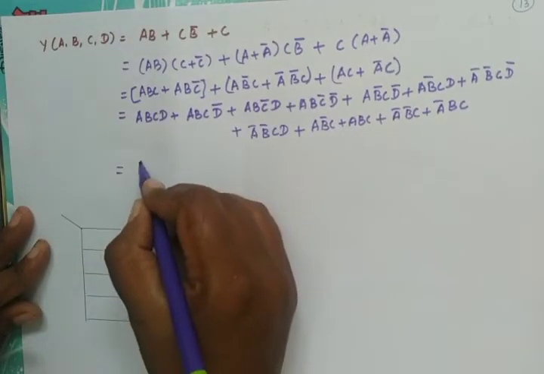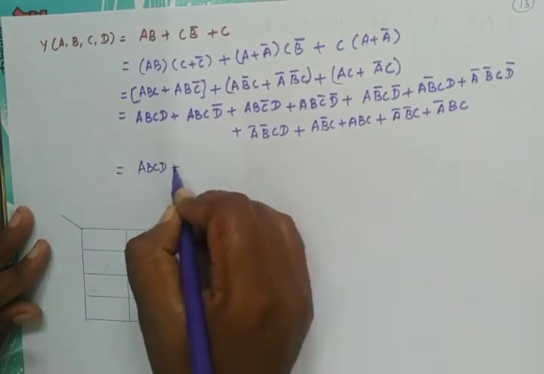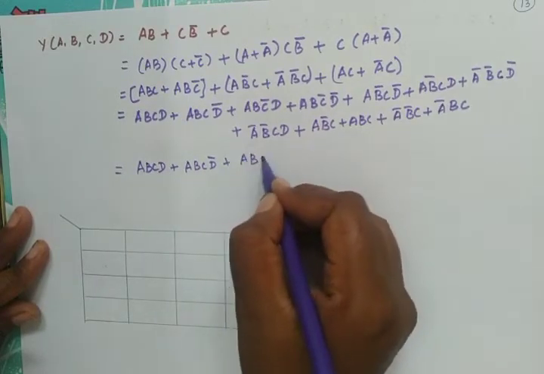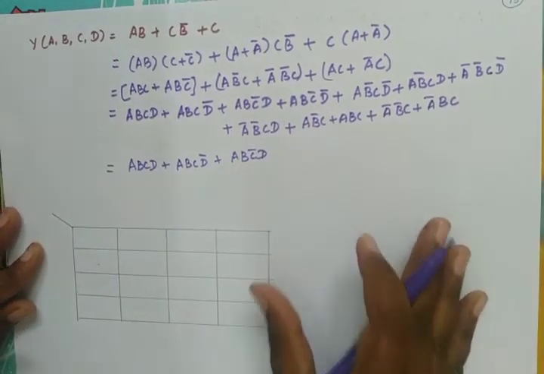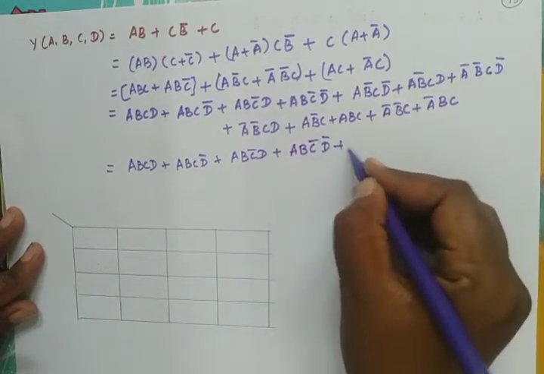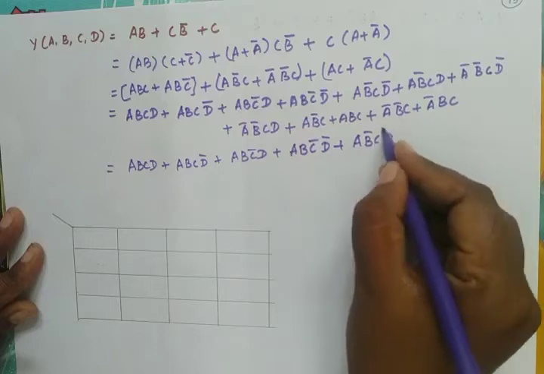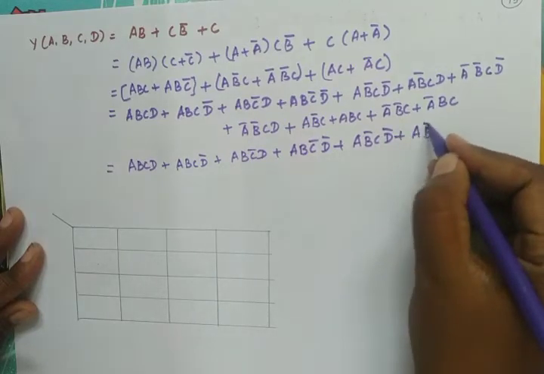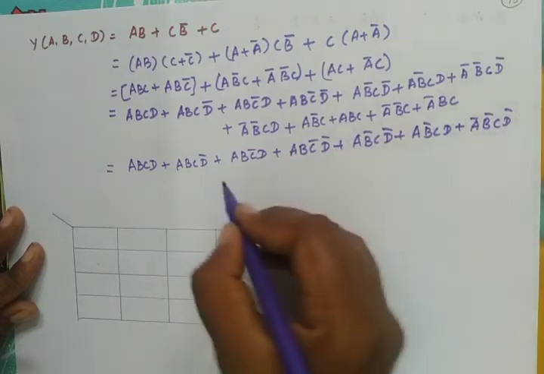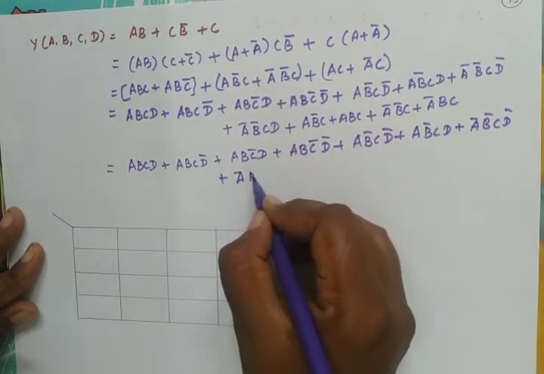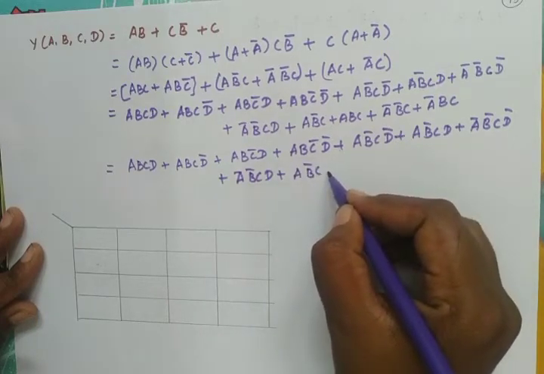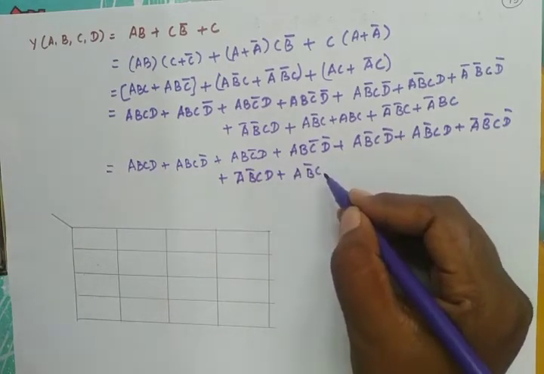Again here we have ABCD + ABCD̄ + ABC̄D + ABC̄D̄ + AB̄CD̄ + AB̄CD + ĀB̄CD̄ + ĀB̄CD + AB̄C. Now multiply (D + D̄) with this.